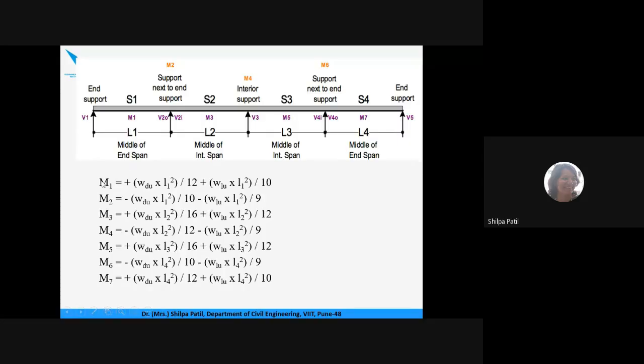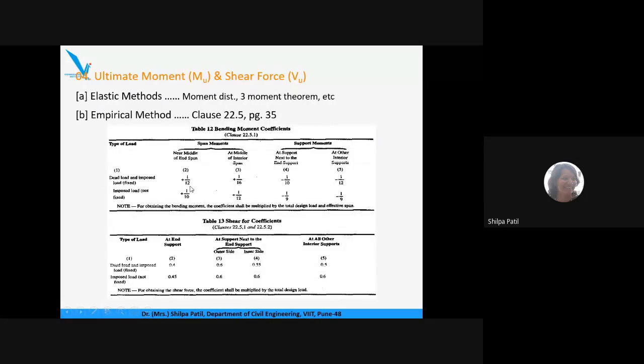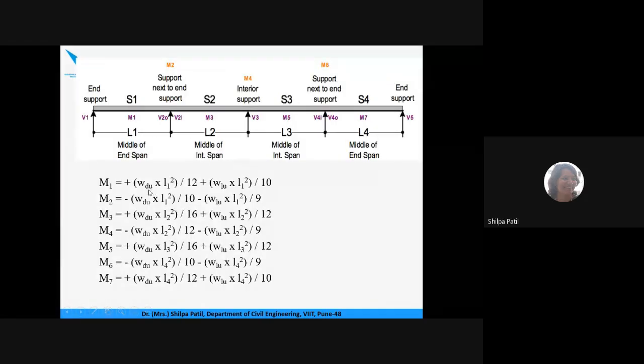The M1 formula will be as per this table, WL square by 12 plus WL square by 10. The first W is because of dead load, so it is WD into L1 square, the corresponding span of that slab, divided by 12, plus WL into L1 square divided by 10. This is the expression for M1.